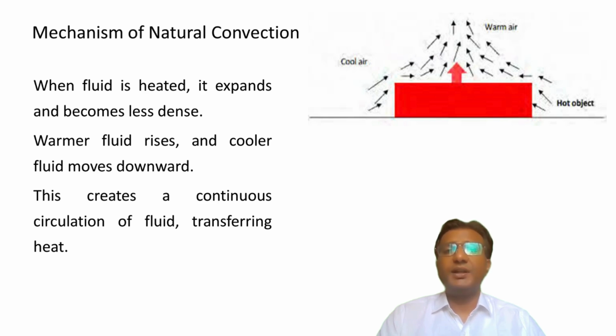In engineering, this mechanism is harnessed in systems like solar heaters or passive ventilation, where natural fluid motion provides efficient heat transfer without energy-intensive devices. Understanding this cycle is key to predicting and optimizing natural convection in various applications. Let's move to Newton's law of cooling to quantify this process.